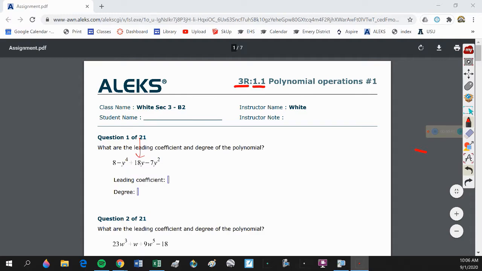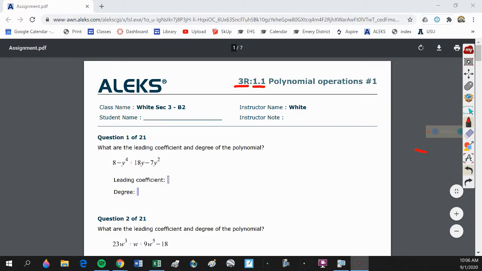So 18 is a coefficient. So is 8. What's the coefficient here? No, what's this coefficient right here? It would be -1. So coefficients come with a sign, and then this coefficient is -7.